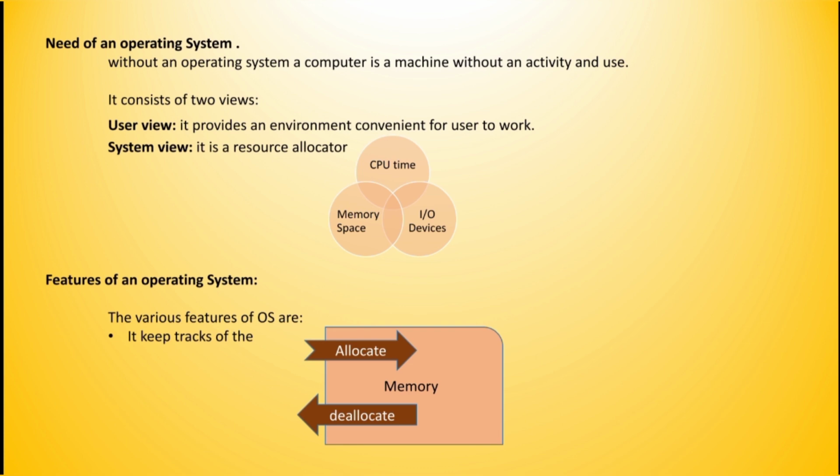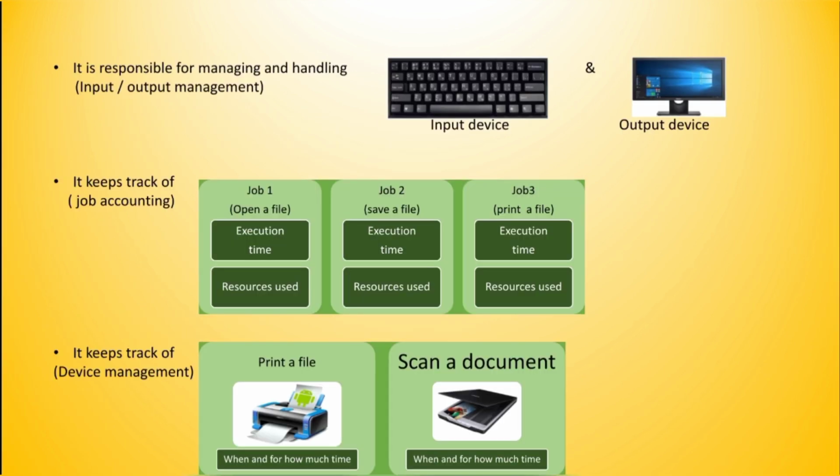Now, let's move on to the features of an operating system. The various features of operating system are: it keeps track of the allocation and deallocation of the memory space. It is responsible for managing and handling input and output devices.